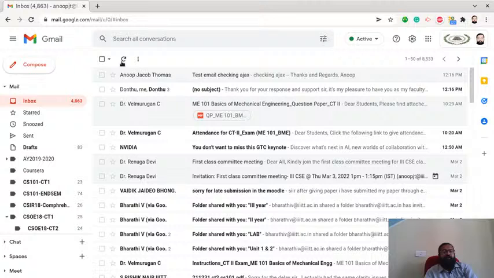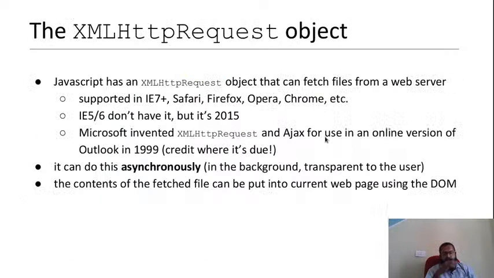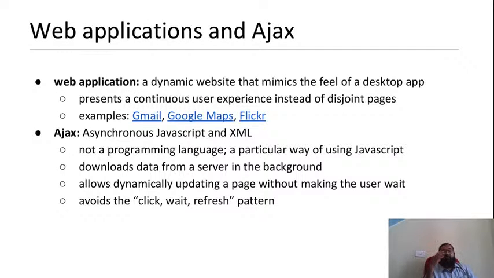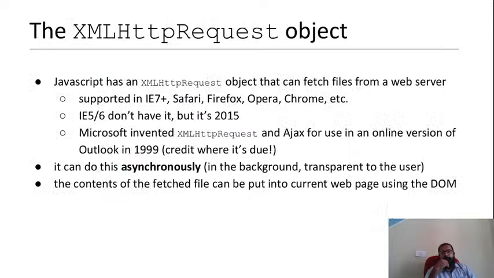Even if I had clicked refresh, if these 2 emails were not visible earlier, it would fetch them if they are available in the inbox. That's the idea of what we call Ajax. Usually web communication is synchronous, and when we introduce Ajax we have asynchronous web communication.